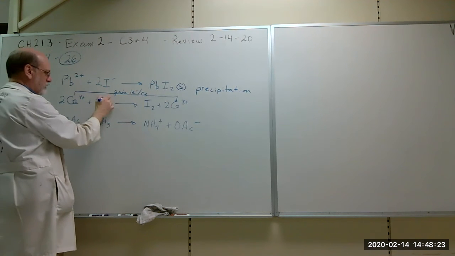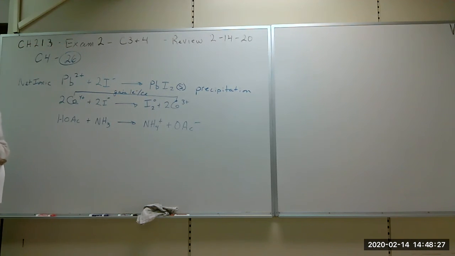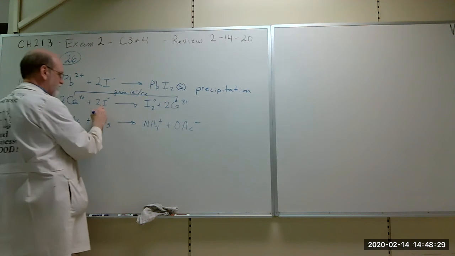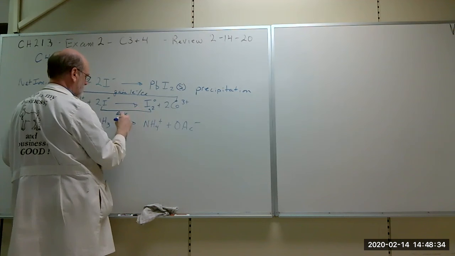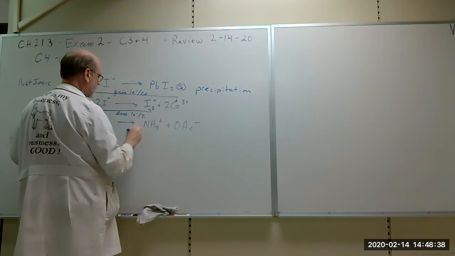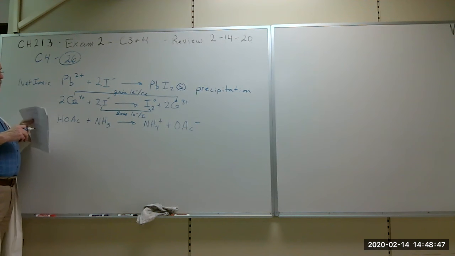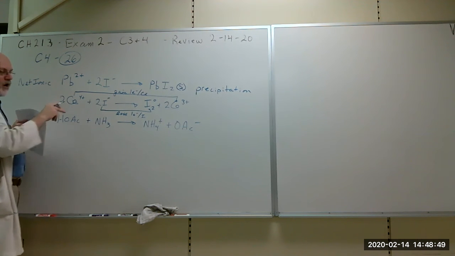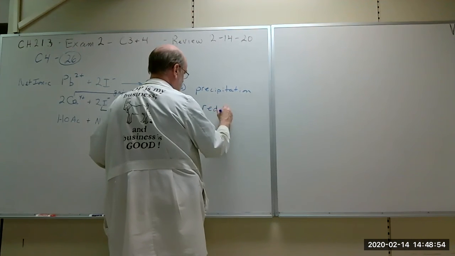And for this one, it went from -1 to 0 oxidation state, so that means a loss of 1 electron per iodine. That's as far as you have to go to identify the equation. We don't have to balance it. But what it tells you is that you had a gain and a loss of electrons, which means redox.